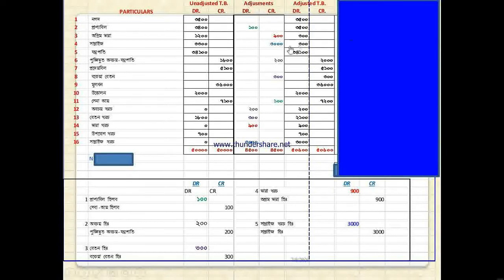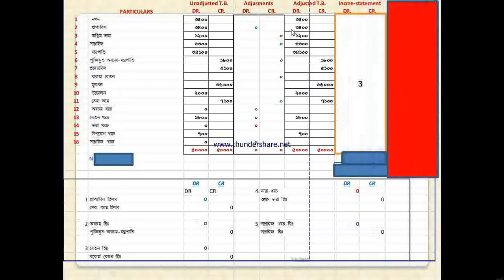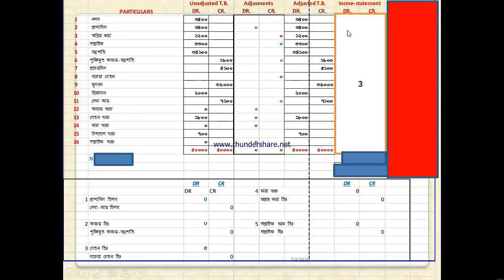So this is the unadjusted trial balance, adjustment, adjusted trial balance. So go to the next slide. Next slide, number 3. So we have to do about it. Look, this is a revenue.